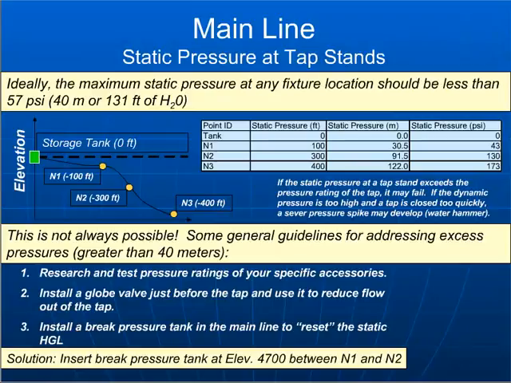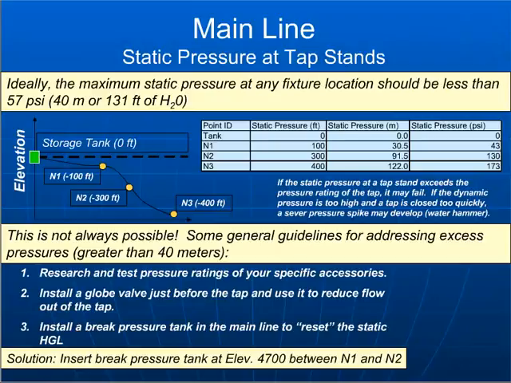But again, ideally you want to limit that maximum static pressure to around 40 meters or 130 feet of water pressure. If that's not possible, then you want to make sure that whatever accessories you're using in your system are capable of resisting that maximum water pressure.